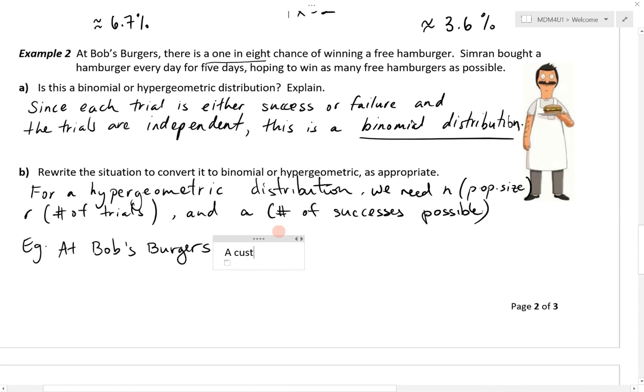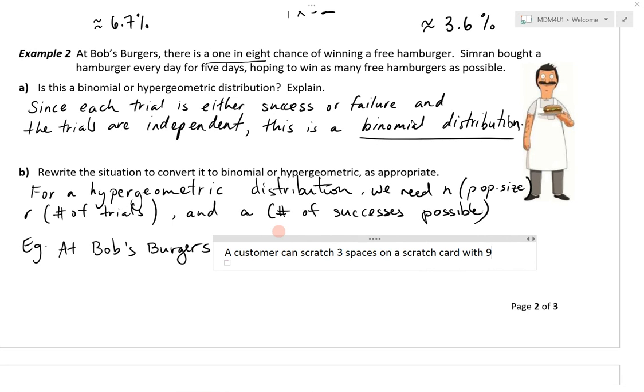A customer scratches 3 spaces on a scratch card with 9 spaces. So 3 spaces are what we'll call the free burger, and 6 spaces are try again. So now we have our successes and failures.